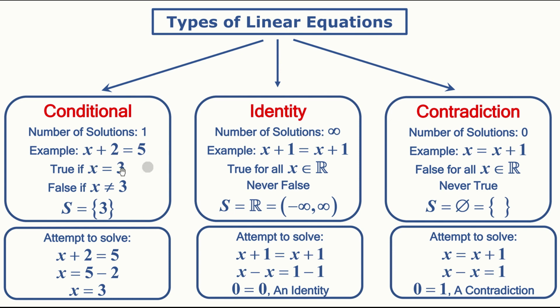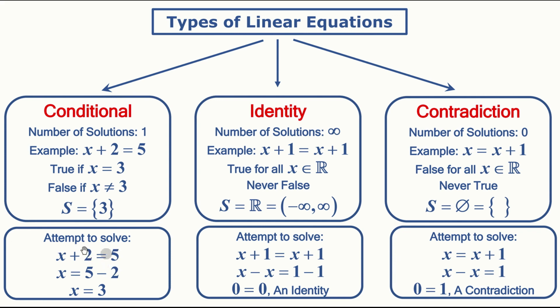We know that this equation is true if x equals 3, and it's false if x does not equal 3. So whether it's true or false depends on the condition being met, and therefore we get one solution, namely 3, and we can say S equals {3}, in set notation.